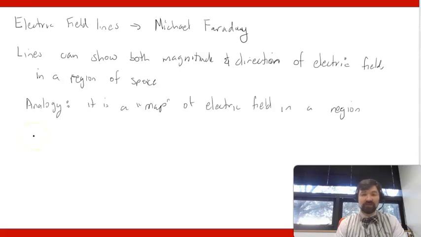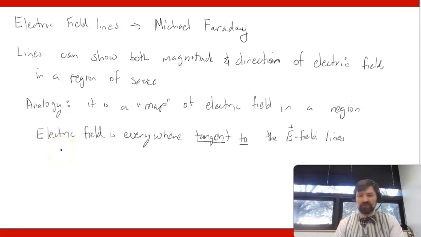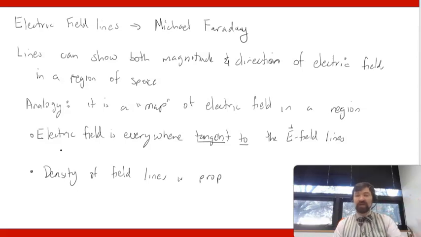As far as how it is showing magnitude and direction, well, the electric field is everywhere tangent to the E field lines, and the density of the field lines is proportional to the magnitude of the field. So density of field lines in a given region of space grows with the magnitude of the electric field.